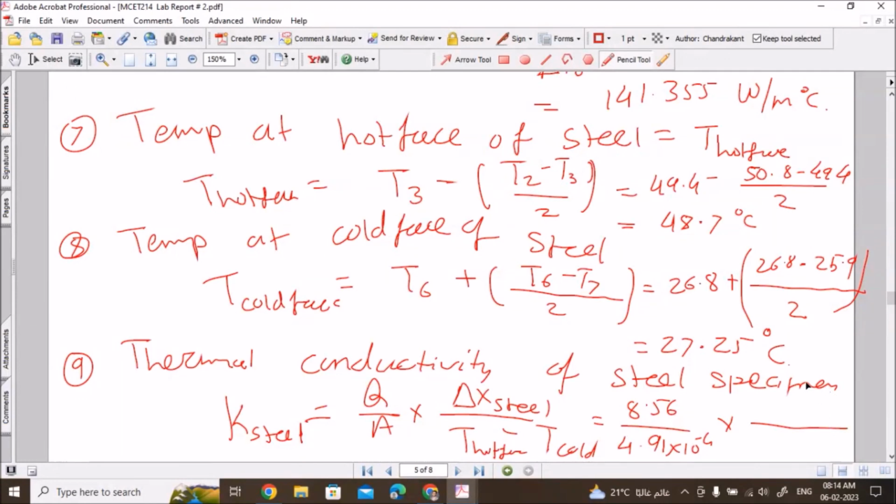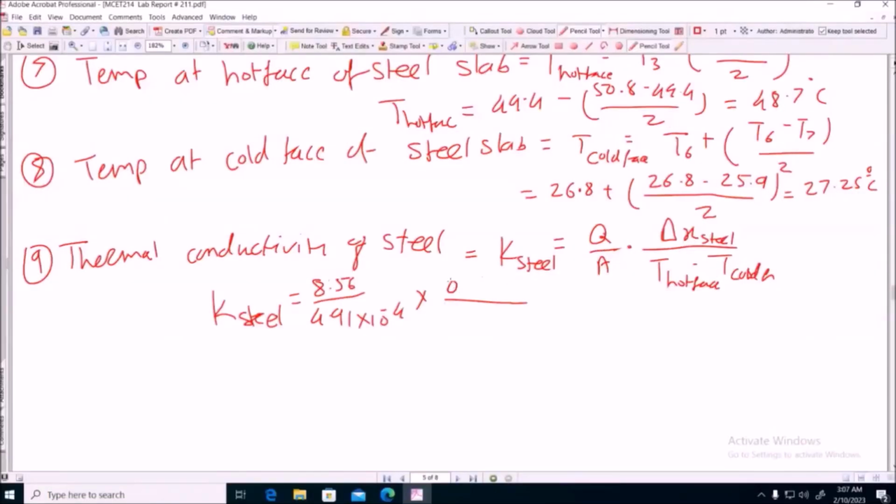The delta X steel is 0.03 divided by T hot, 48.7, minus 27.25, and the answer is 24.383 watt per meter degree centigrade.